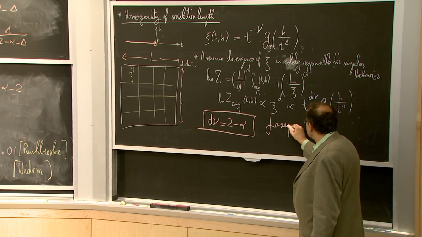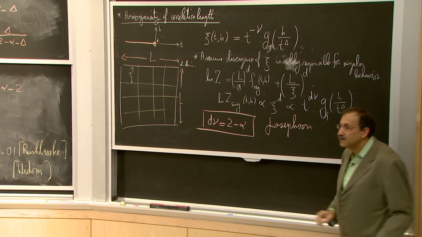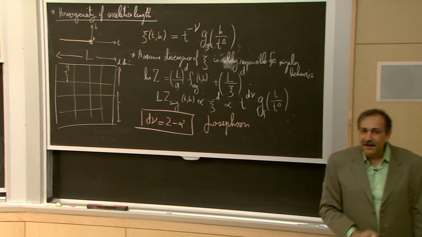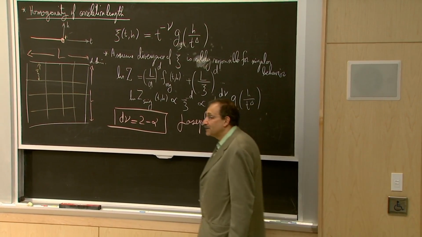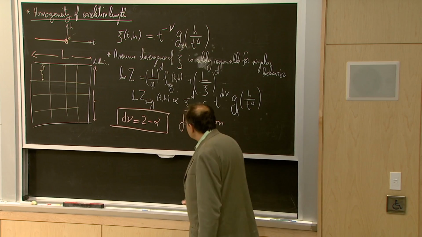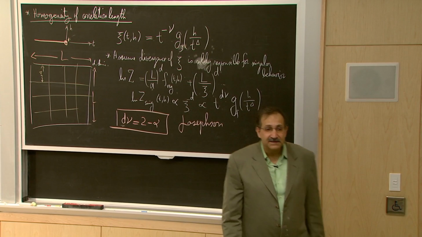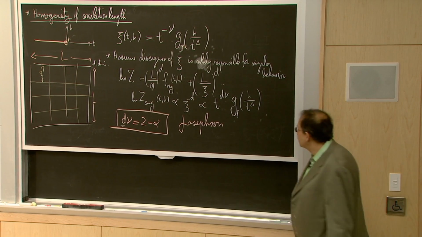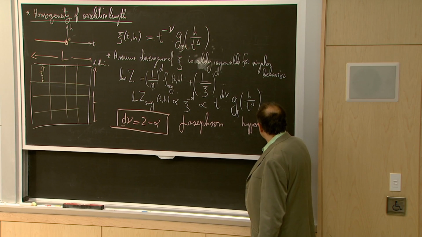So this is the Josephson relation. And it is different from the other exponent identities that we have because it explicitly depends on the dimensionality of space. d appears in the problem. So it's called hyperscaling for that reason.